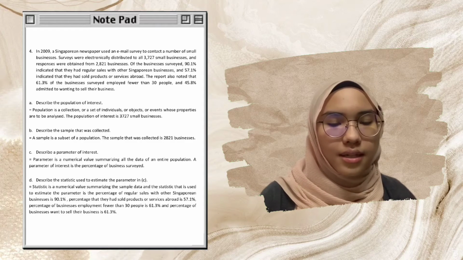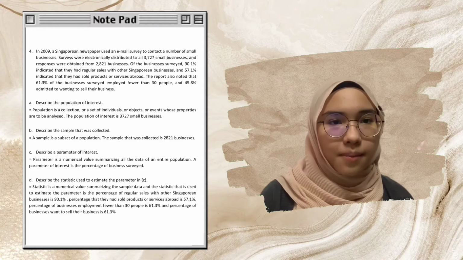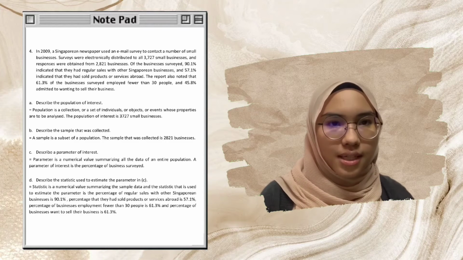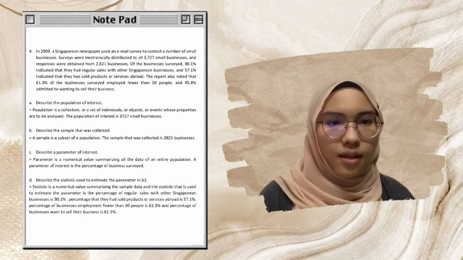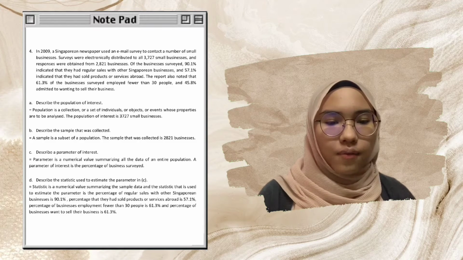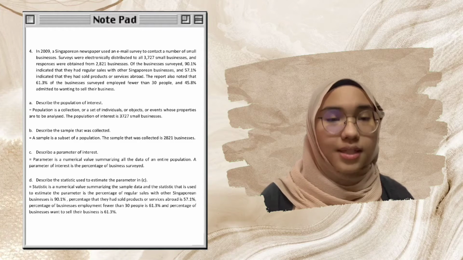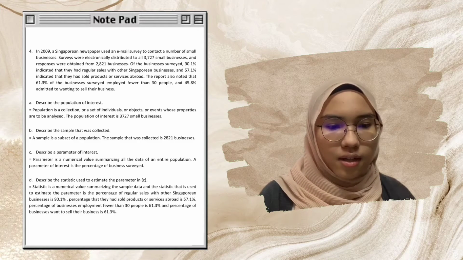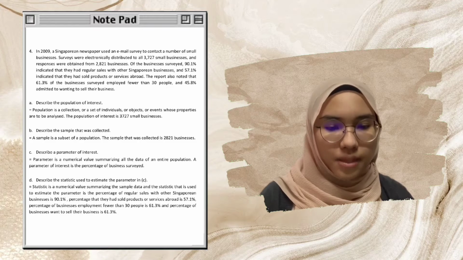And last but not least, question C asks to describe the statistic used to estimate the parameter. A statistic is a numerical value summarizing the sample data, and it is used to estimate the parameter. For this question, the statistic is the percentage of regular sales with other Singaporean businesses, which is 90.1%.